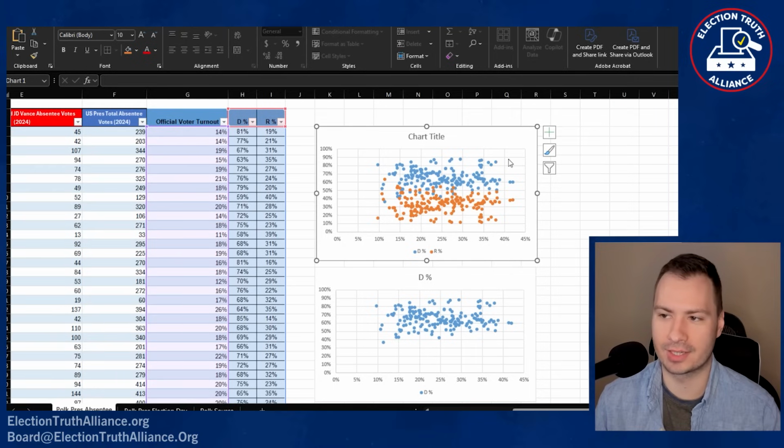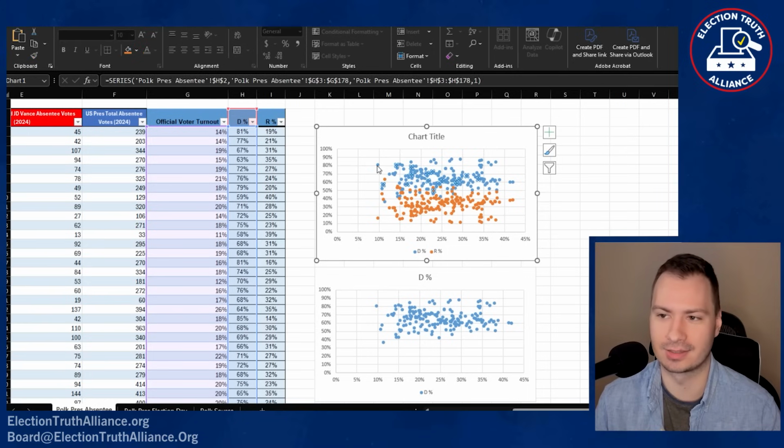You'll notice the maximum turnout is a little over 40%. This is almost half of the votes in each of these precincts. The other half is election day. And the way you read these charts, the x-axis is that turnout percent that we just graphed. And then the y-axis is the amount of votes, the percentage of votes a candidate is getting per precinct.